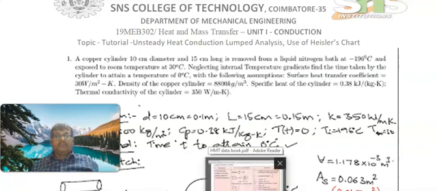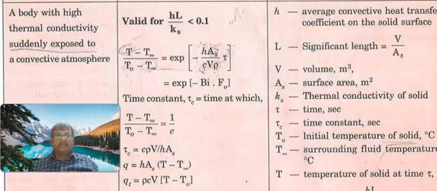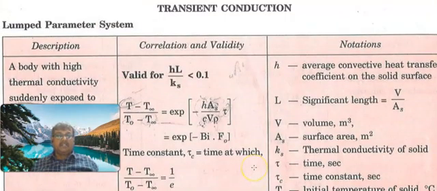Before going to the numerical problem, I would like to share some information on how to access the heat and mass transfer data book. In the data book, on page number 57, we can notice the lumped parameters analysis system. In that system, a body with high thermal conductivity is suddenly exposed to the convective atmosphere.